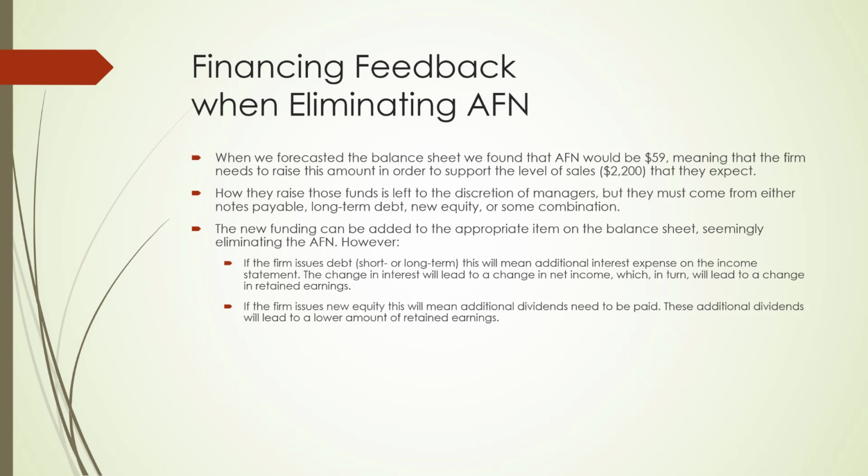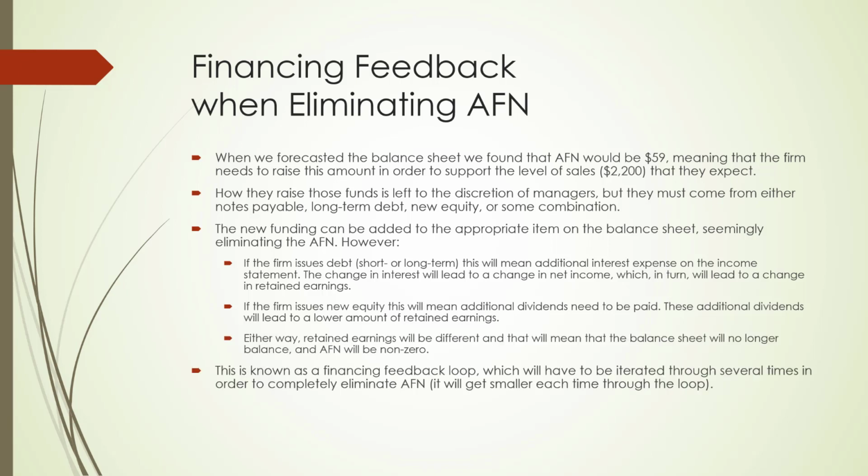So if the dividend gets bigger, the change in retained earnings gets smaller, and your balance sheet will be out of balance again. But just like before, you would issue a little bit more common stock, increasing the dividend and reducing retained earnings, and then do it again and again. Eventually, you'll get to where the AFN is 0, and the total of all of those steps will give you the total AFN. This is called a financing feedback loop.